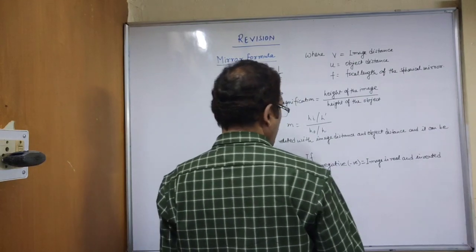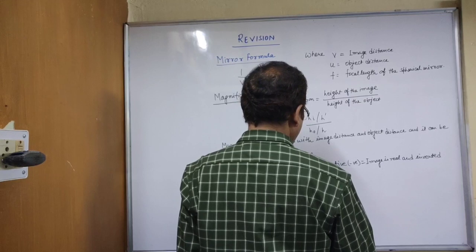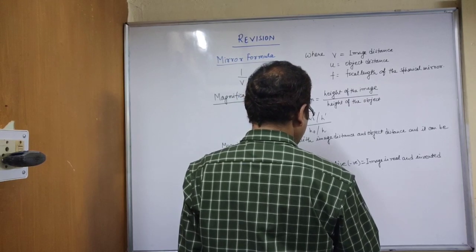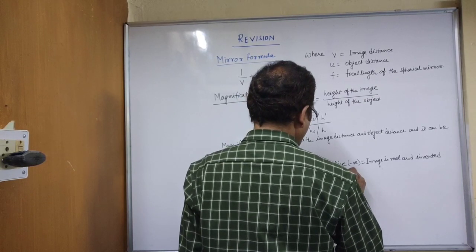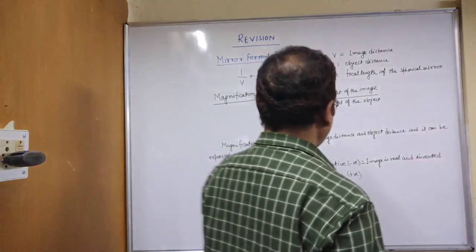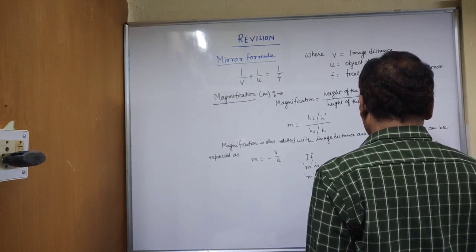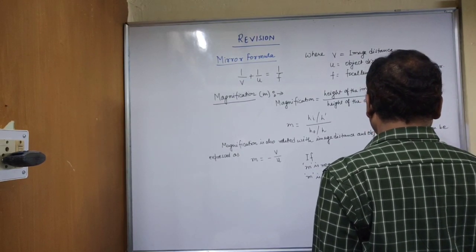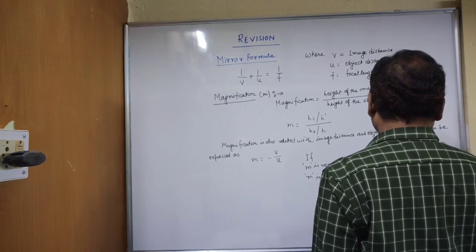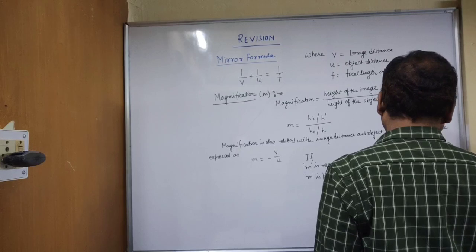Must remember these points. If m is positive, it means there is a plus sign in magnification. It shows that the image is above the principal axis, so the image is virtual.